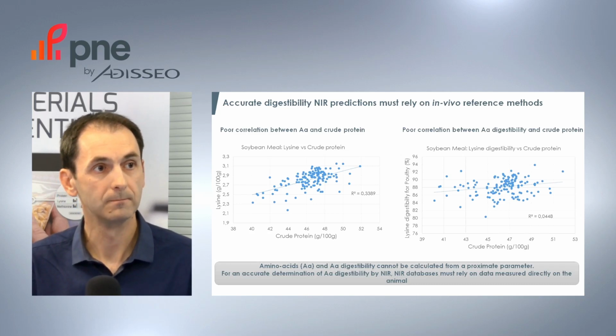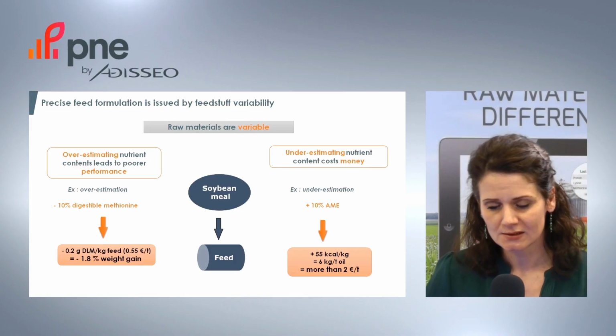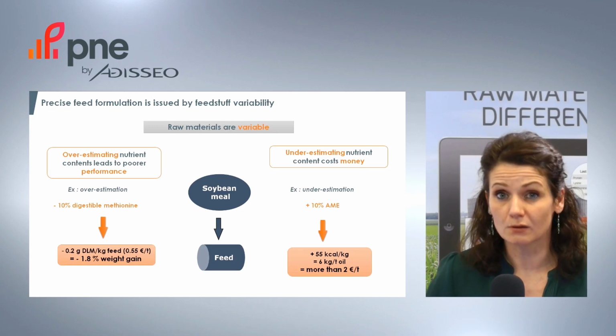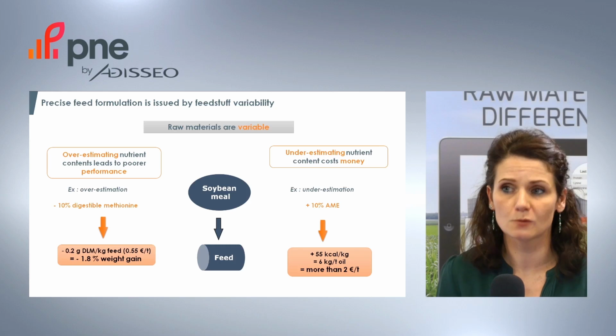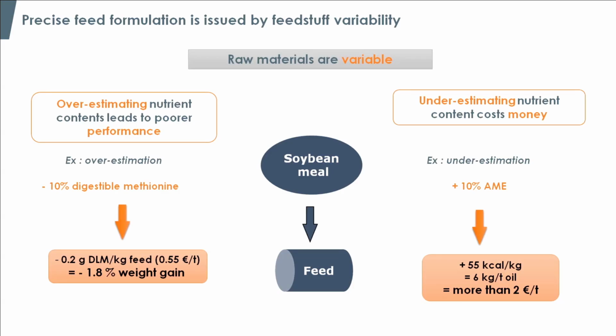Okay, so you mentioned here, Vincent, that it is very important to have accurate results. Maybe Sabrina, you can tell us what the impact of non-accurate results on feed mills is? Yes, it's really important to have accurate feedstuff quality values because a wrong assessment entails the risk of overestimation or underestimation of the real quantity of each nutrient that is really used by the animal.